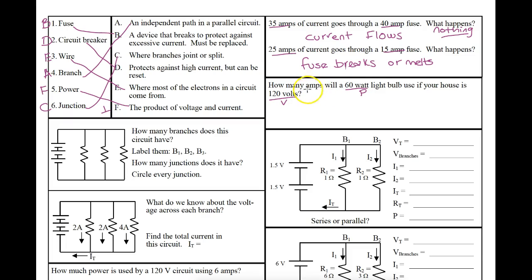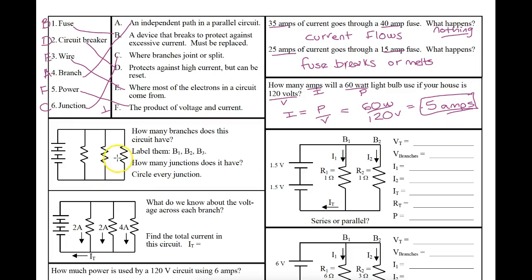So we're figuring out current because this is I. So we just need the right setup for the formula between V, I, and P, which happens to be I equals P over V, which equals 60 watts divided by 120 volts equals 0.5 amps. And that's our answer. Remember to always box in your answer and make sure it has a unit right there.